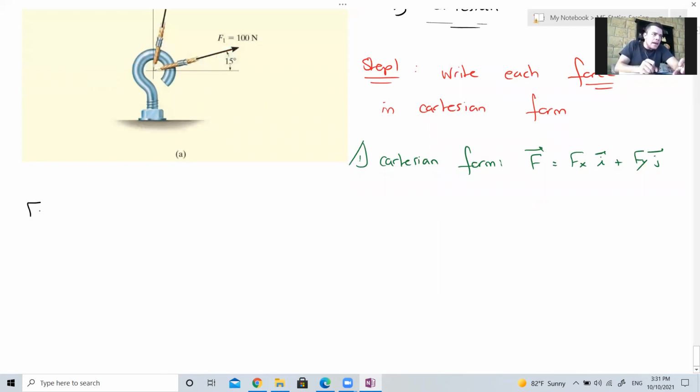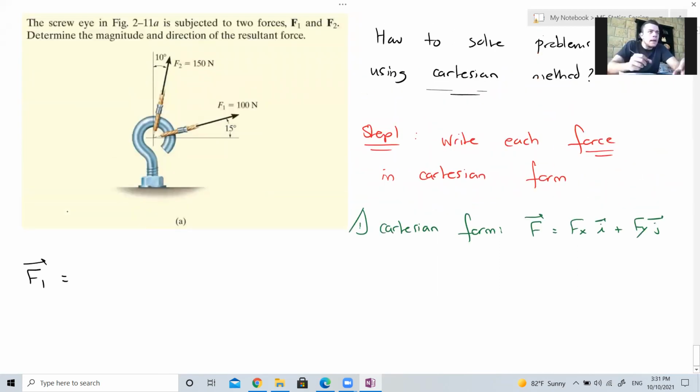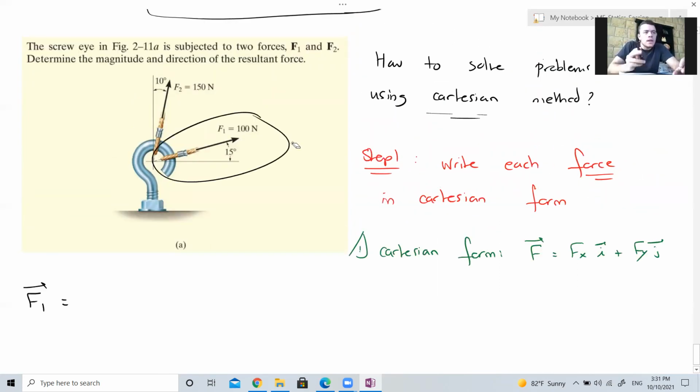Let's start with F1. This is F1. What is the X component? First, this is the X and this is the Y. What is the X component of F1? First we look at the angle with the X axis, which is this.